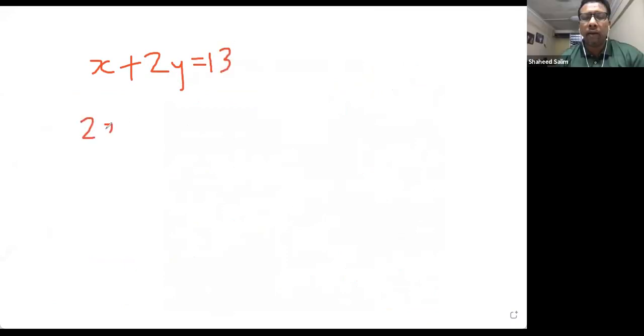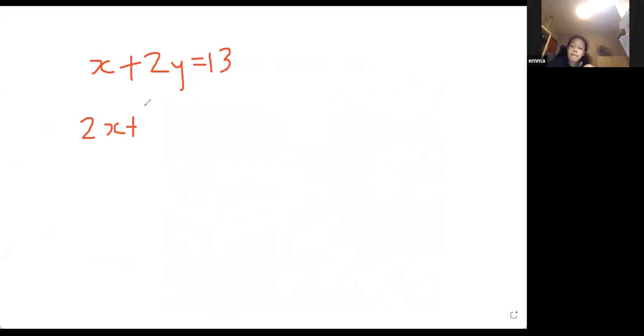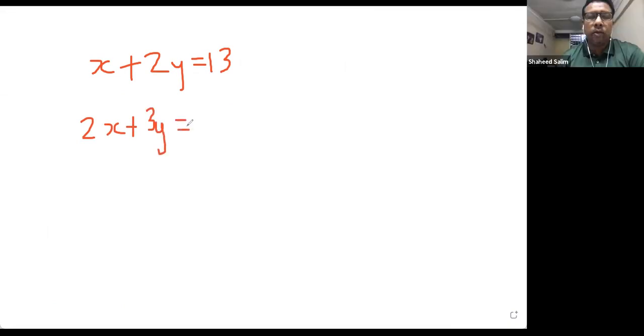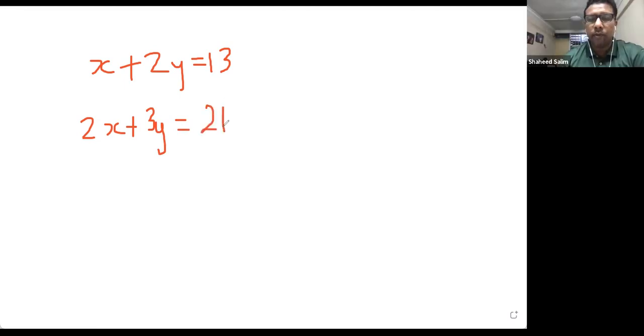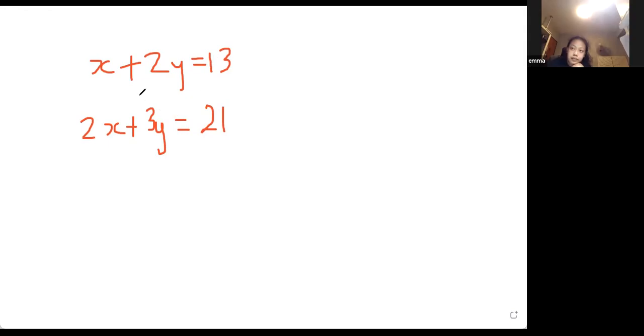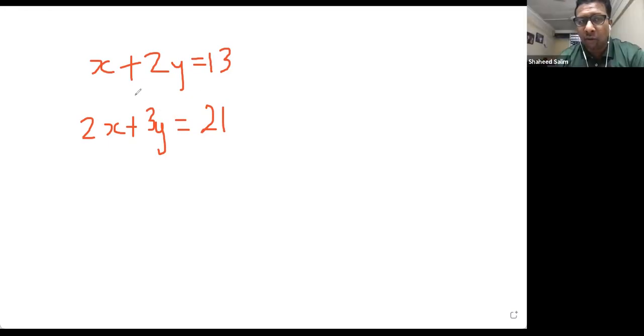Then 2x plus, let's say, 3y equals, hold on, 21. Now, we want to find x or y? Both, right? So one way is to get rid of the x or y.